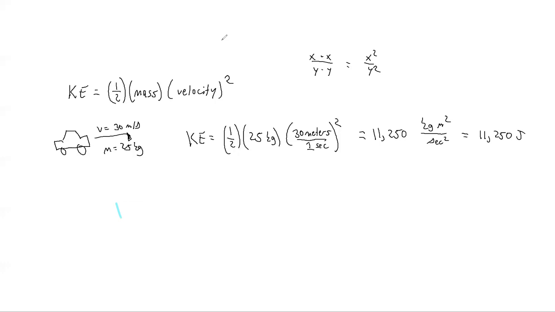Okay, so next, I multiplied 25 kilogram, multiplied that by what essentially this simplifies out to is 900 meters squared over second squared. And then, so notice my product, right? My units, my product were kilogram times meter squared in the numerator, and then over second squared.